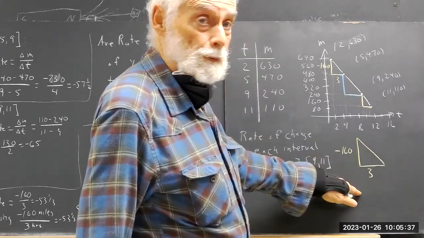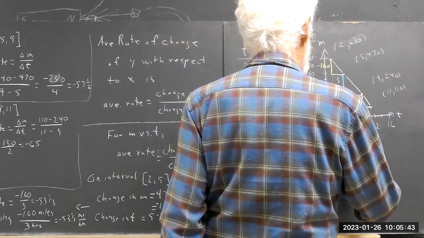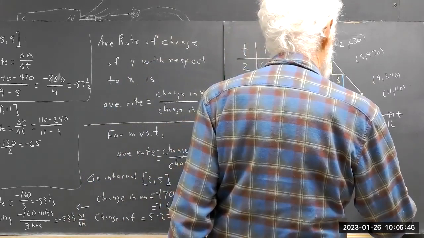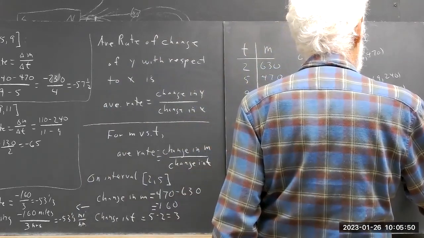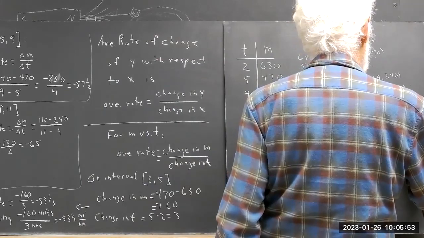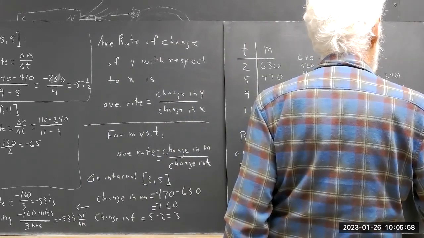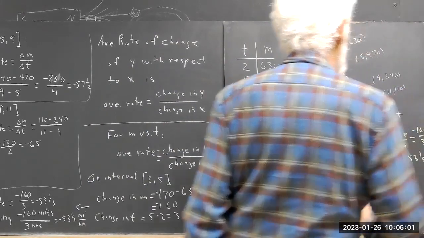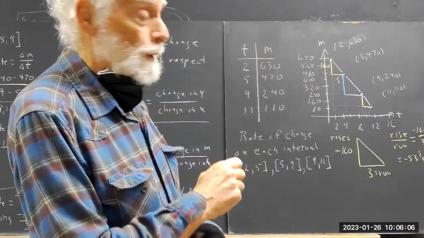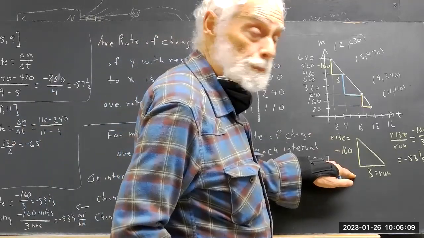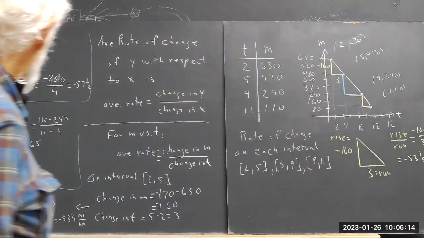We divide the rise by the run, you get the slope, and you get -53 1/3. So calculating the slope from this point to this point gives you the average rate of change.